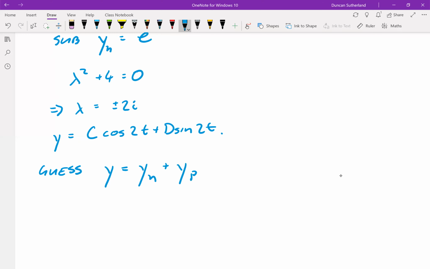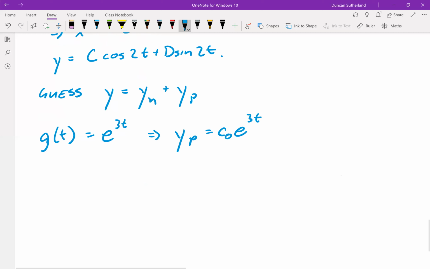We make the particular part look like the driving term. So g of t, our driving term, is e to the 3t. So we're going to guess our particular part is c naught e to the 3t, and we're going to try and find this c naught, this amplitude that makes everything work.